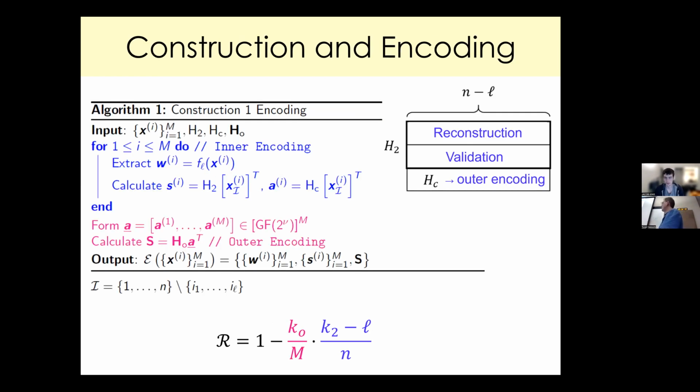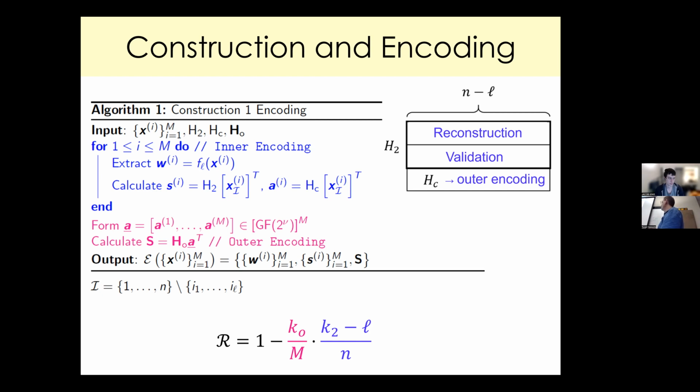I'll go briefly. I will not get deeper into the encoding and decoding, but what we see here is the blue is inner encoding. The pink is outer encoding, and we see how the inner encoding uses this H2 matrix that is partitioned into reconstruction and validation. But for the encoder, it doesn't matter. It's one matrix H2.